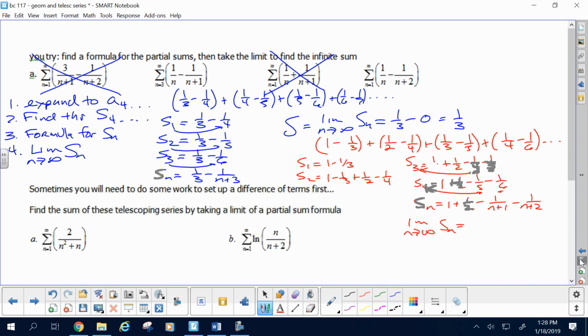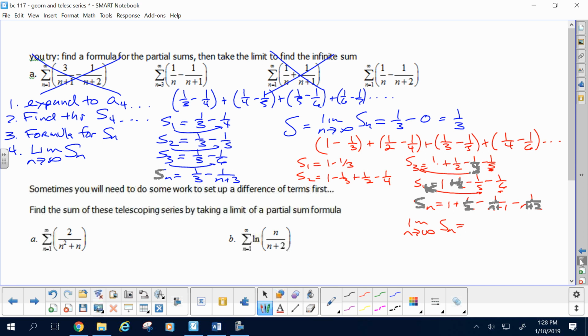So your question then is, well, what about the first term? The first term would be n equals 1, yeah? That would be 1 plus a half minus a half minus. Still, it doesn't look like it would, but it does.